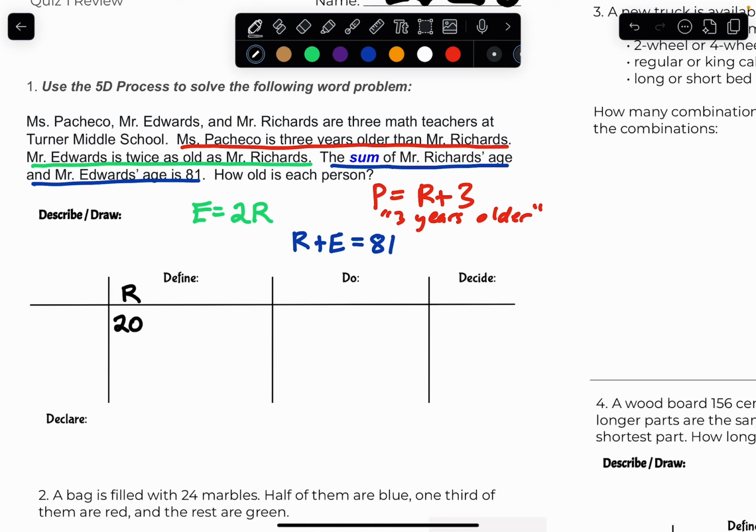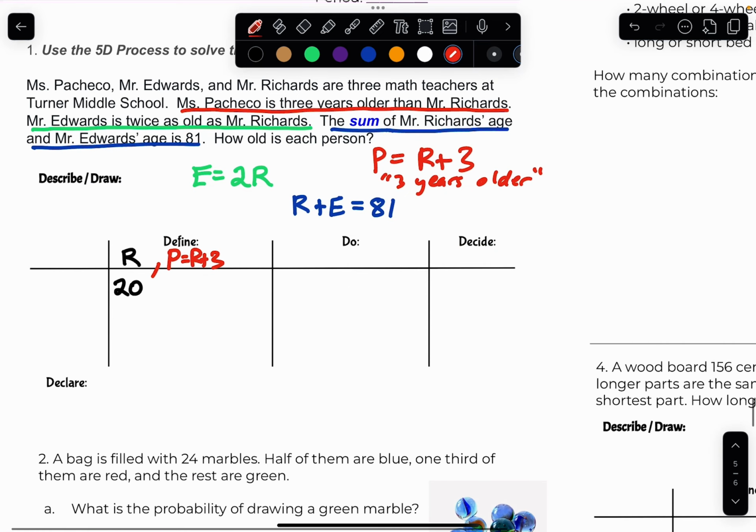Right now, I'm going to quickly do the process of define. So I'm going to say that we choose R, and then we get P equals R plus 3. If we do R plus 3, what's 20 plus 3? That one's pretty easy, 23. That's how old Pacheco is.